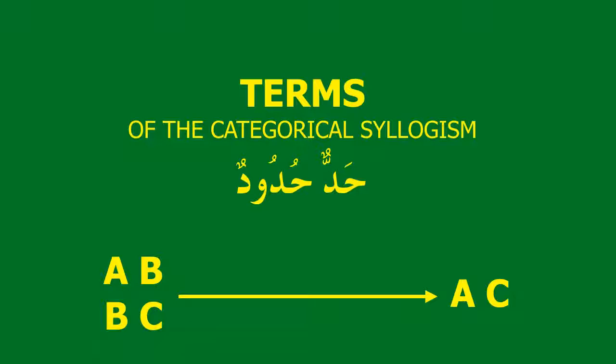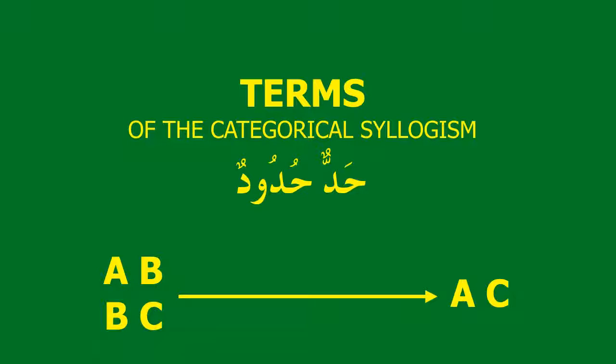Note that the term had in the science of logic was also used for essential definition, and essential definition is also called had, and the term of a proposition in a categorical argument is also called a had. So we have to be careful when we see the word had to distinguish between how it is being used.